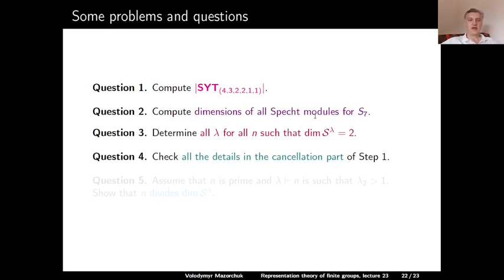Question 4. Check all the details in the cancellation part of step 1. And finally, question 5. Assume that n is prime and lambda is a partition of n such that lambda 2 is greater than 1. Show that n divides the dimension of S lambda.